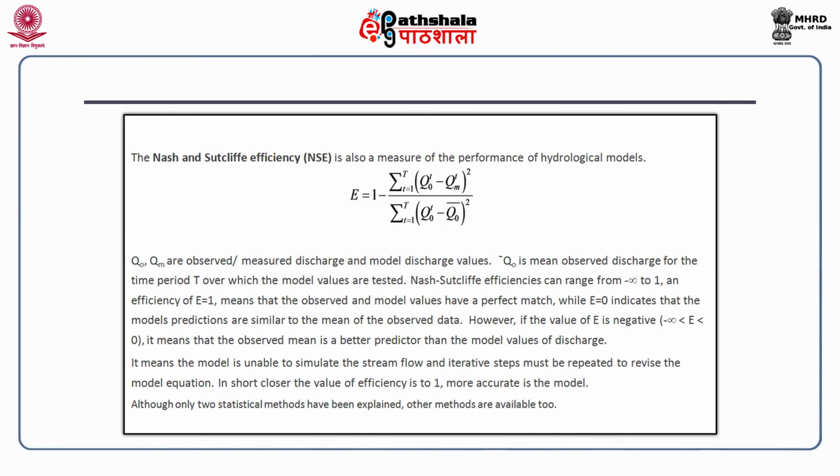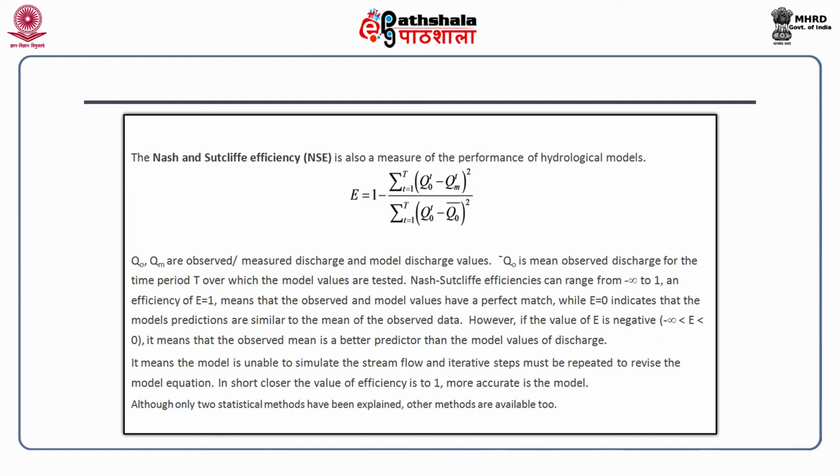The Nash-Sutcliffe efficiency. Now, as far as the Nash-Sutcliffe efficiency is concerned, we know that the difference between the observed values and the model simulated values is measured in terms of 1 minus, as you can see. So, it is 1 minus the values of observed and simulated values. So, here what we understand is that the value of E, the closer it is to 0, the better the model performs.